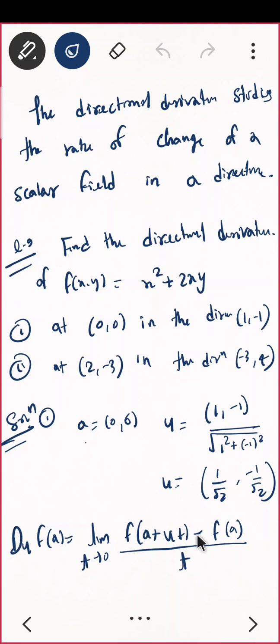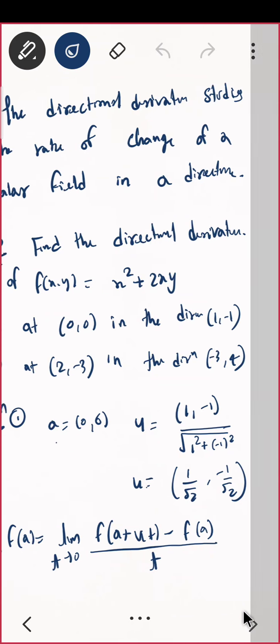It will become limit t tending to 0 of f of e, which is 0 for me, and this is t into u, so t into this will be 1 by root 2 comma minus 1 by root 2. So I may write it as t by root 2 comma minus t by root 2.